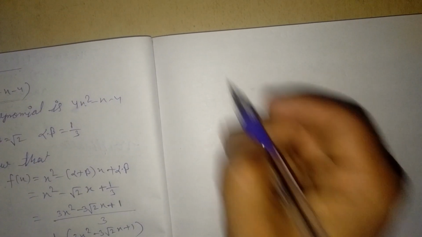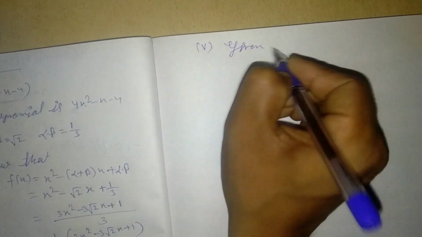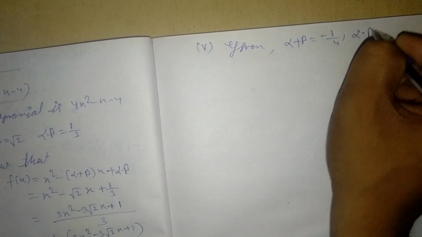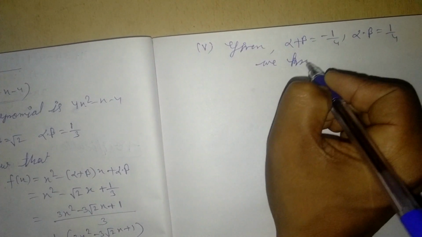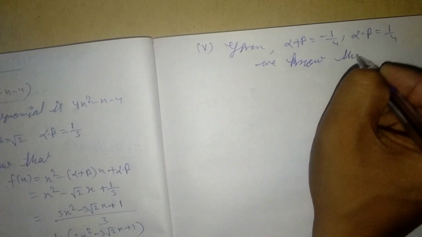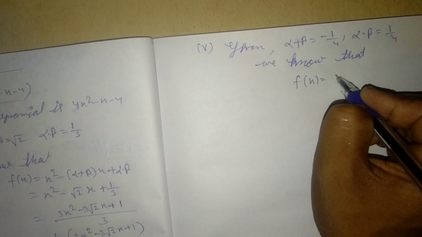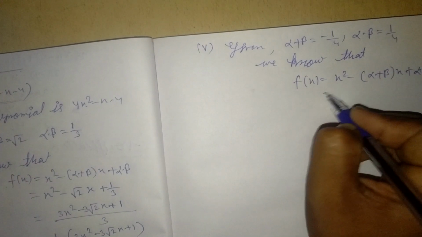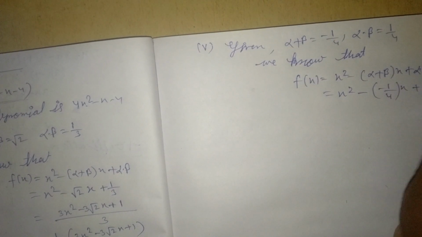Our fifth question. It is given alpha plus beta is minus 1 upon 4, alpha into beta is equal to 1 upon 4. We know that f(x) is equal to x square minus (alpha plus beta) x plus alpha beta. x square minus the value of alpha plus beta, minus 1 upon 4 x, plus 1 upon 4.